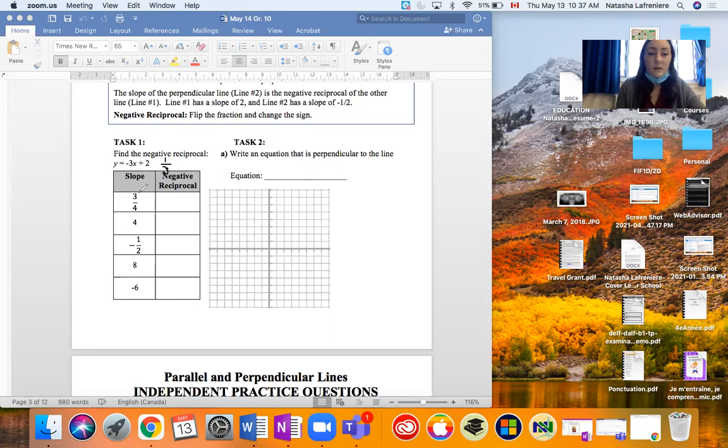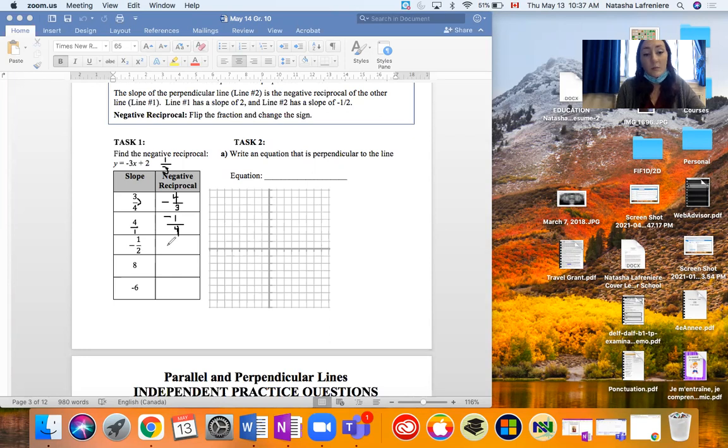So if we look at this one, this is going to be negative because it's already positive. So we're doing the opposite. And then you're going to switch these guys. So it's going to be negative 4 over 3. This one is technically over 1. So we're going to have negative 1 over 4. Okay, this one's negative 1 over 2.